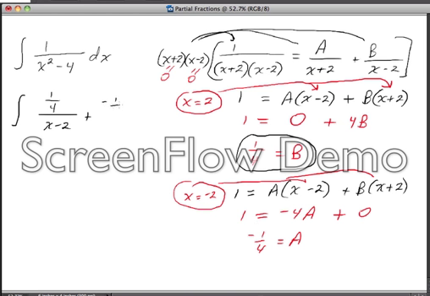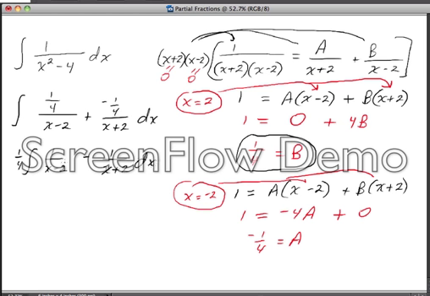So I have a -1/4 over x plus 2. Now I can factor a 1/4 out of both of these integrals, and that gives me 1 over x minus 2 minus 1 over x plus 2.